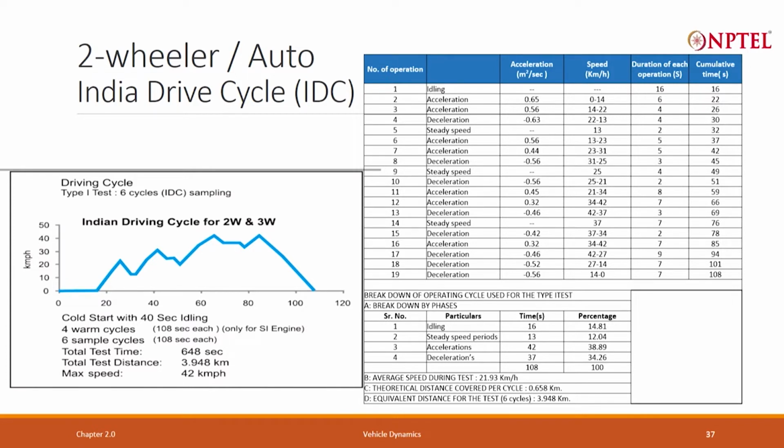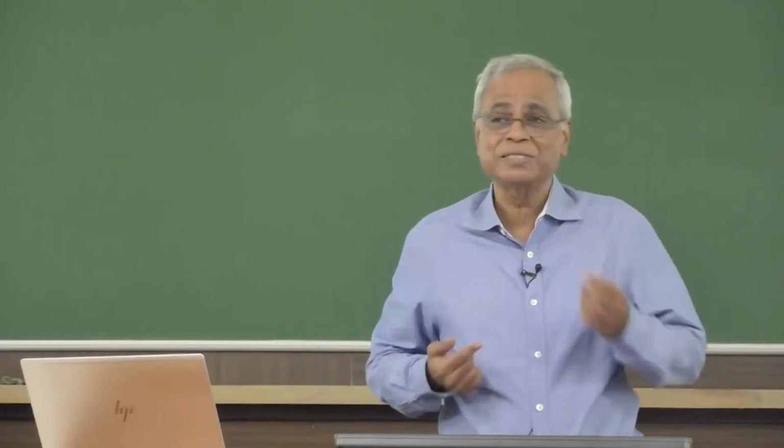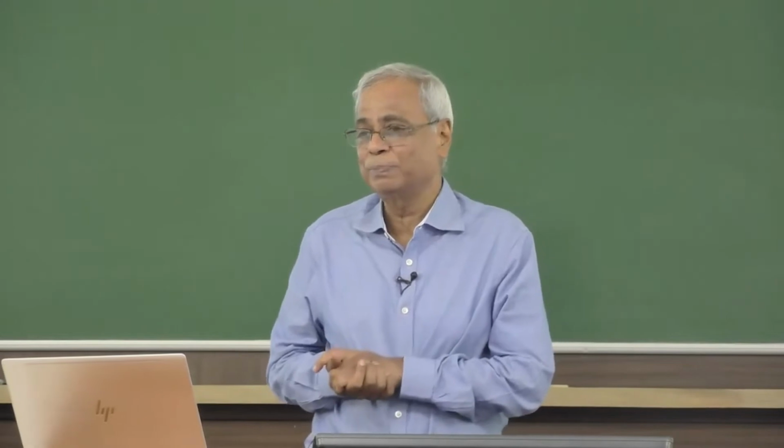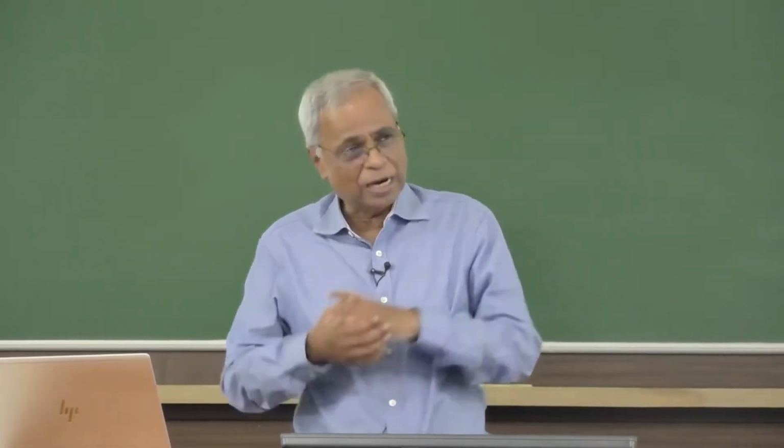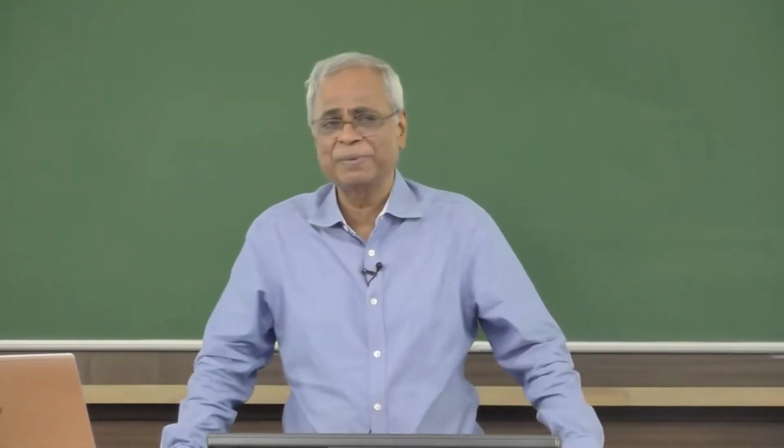Now, you drive the vehicle, either an electric vehicle or a petrol vehicle, exactly as per this cycle 6 times, and you compute. Earlier there used to be a vehicle track on which you had to drive to do the measurement.